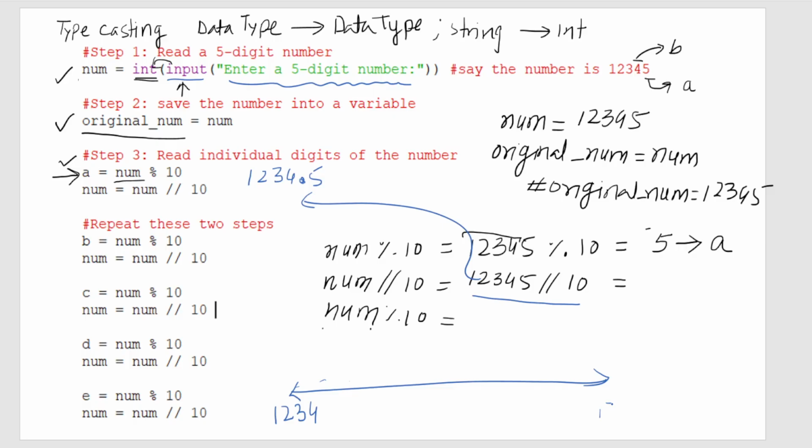This division tells you that it will take the floor value. And what is the floor value? This is the floor and this is the ceiling.